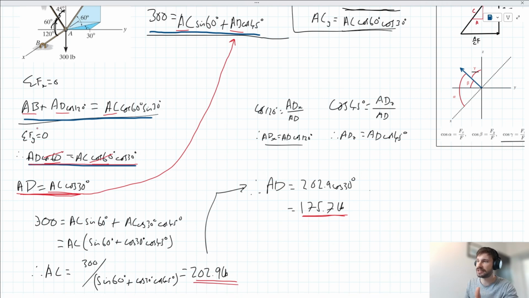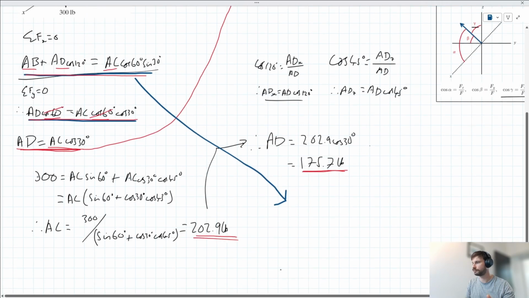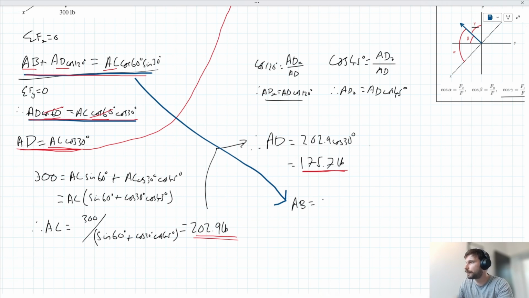The only equation that contains AB is our x equation here. So what we could do is take that AD cos 120, subtract it from both sides of the equation, and then just substitute our values in for AC and AD. So I'm going to say AB is equal to AC cos 60 sine 30, except we know AC here is 202.9, so I'm just going to write in 202.9 cos 60 sine 30.